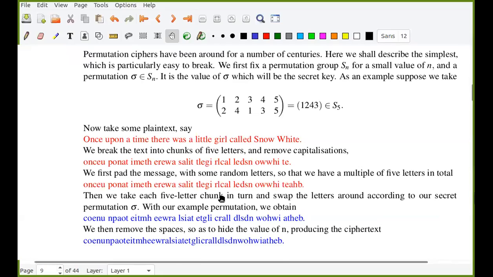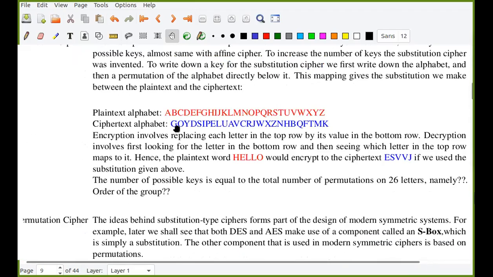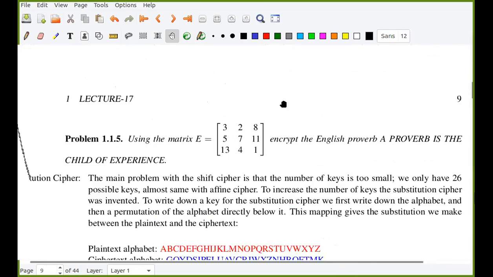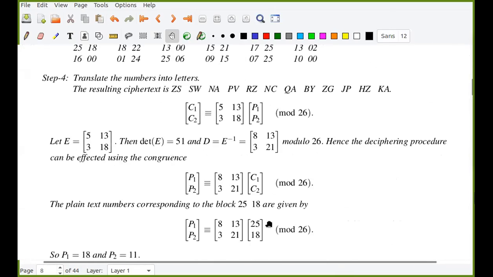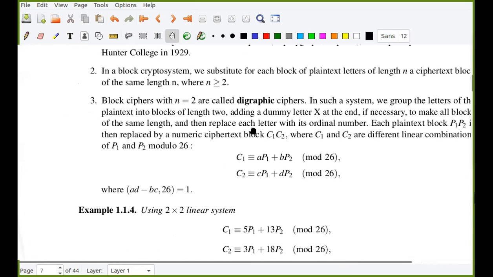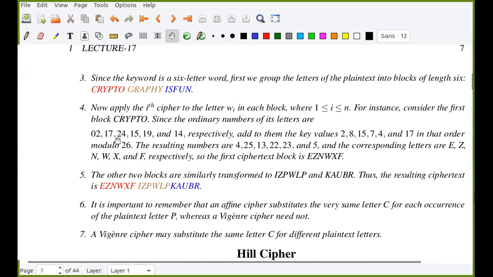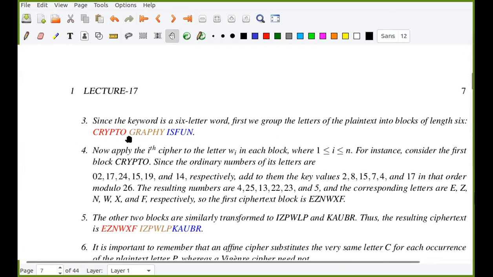See, for example, here it is not possible, but once something is already known, then it is easy. For example, "cryptography is fun." Here, which letter came frequently?